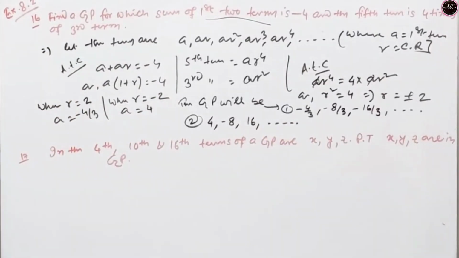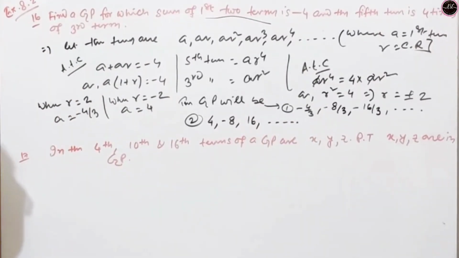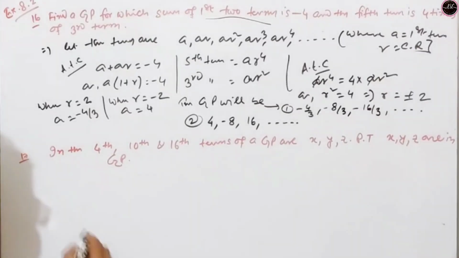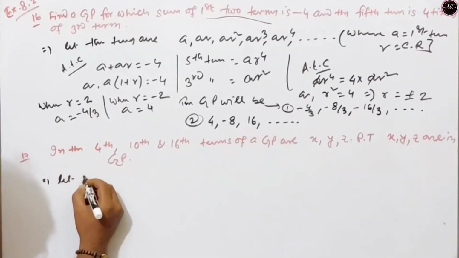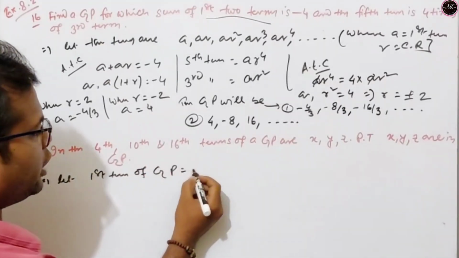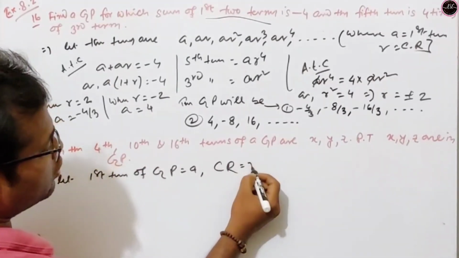Okay. Now look at this question. If the 4th, 10th and 16th terms of a GP are x, y, z, prove that x, y, z are in GP. Okay. So let first term of GP equal to a and common ratio equal to r. Okay.